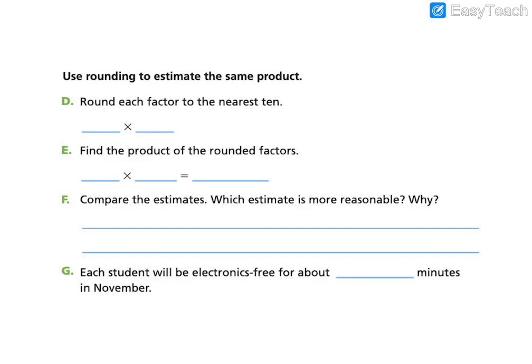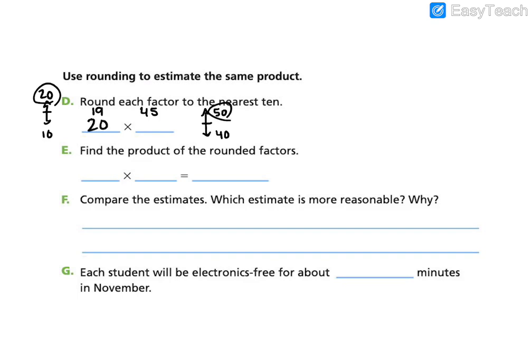Now we're going to use rounding to estimate the same product. So we're still doing 19 times 45. If I round each of these to the nearest 10, right? 19, I'm going between 10 and 20 are my nearest tens, and 40 and 50. Both of these are at or above their midway point to the next 10. So both of these are closer to the higher 10.